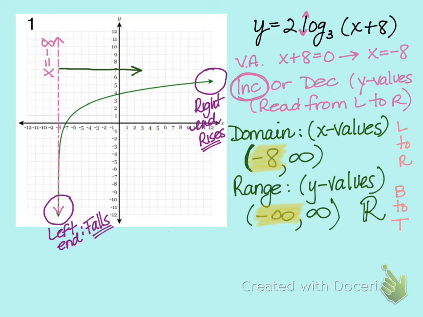Since we've been reading our graph from left to right consistently, I'm going to start with the left, okay? So when you're giving me the end behavior of each one of these ends, you are kind of giving me an estimated x and y coordinate of a moving target, okay? So what do I mean by that? So here's what I mean. So right now, I can find a point right here on this end, couldn't I?